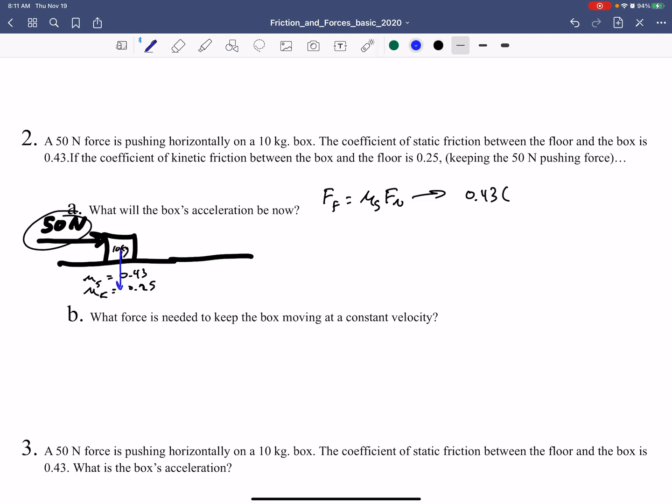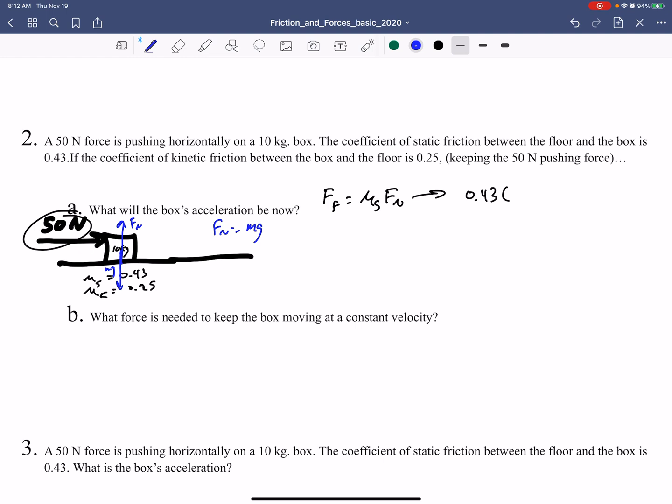So if this is mg going down, the normal force is the supporting force, and in this case, the normal force has to equal mg because the object is not moving up and it's not moving down. They have to cancel each other out.